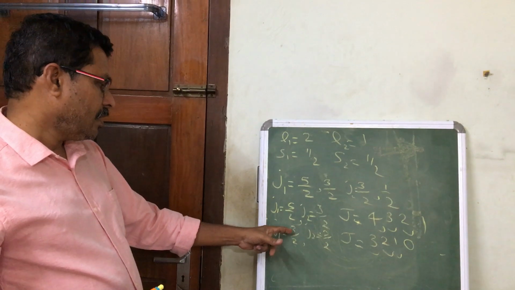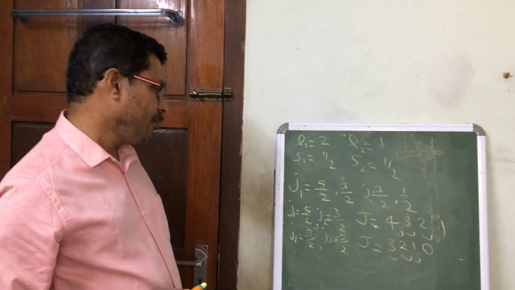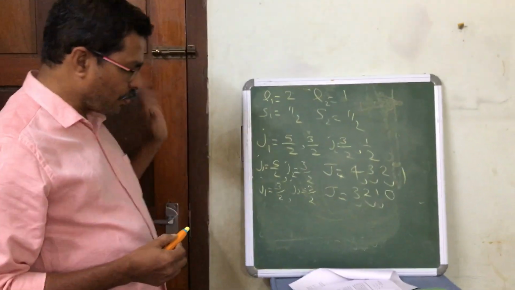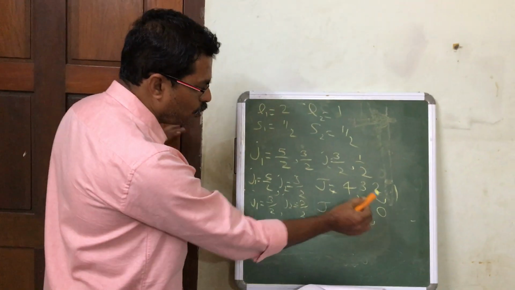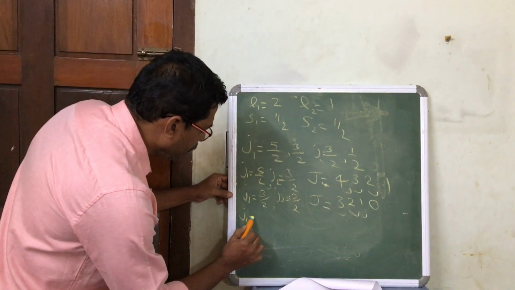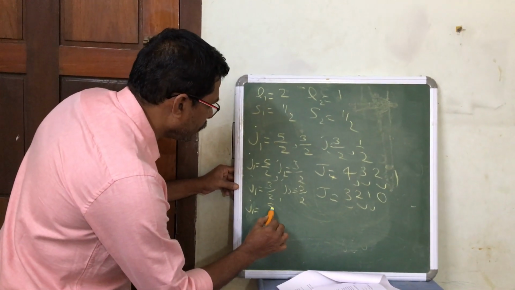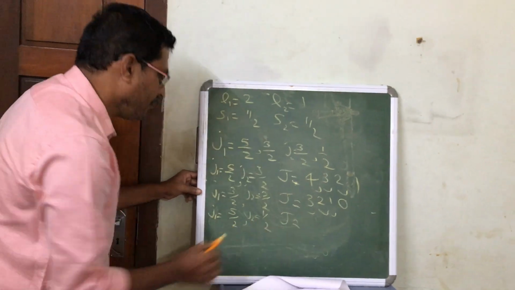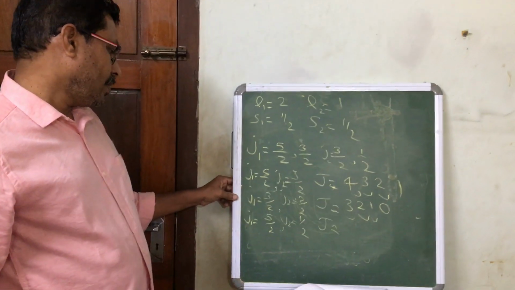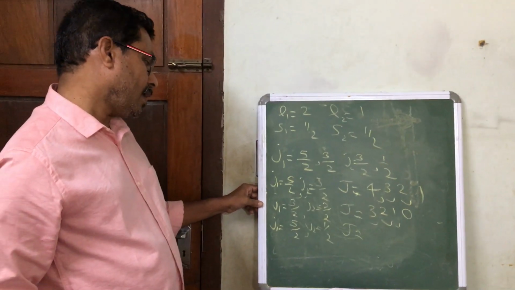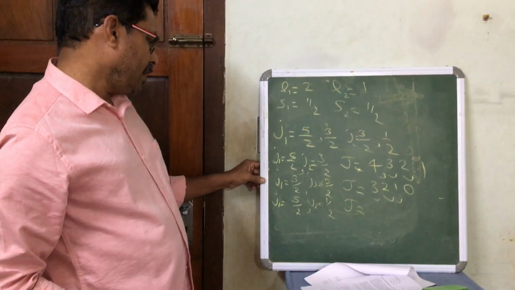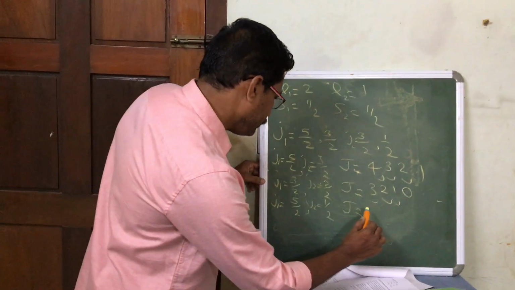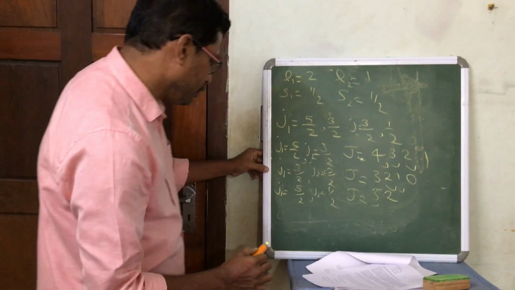That means 3 by 2 plus 3 by 2 gives 3, and 3 by 2 minus 3 by 2 gives 0, so the in-between values are 3, 2, 1 and 0. With J1 equals 5 by 2 and J2 equals 1 by 2, the maximum value is 5 by 2 plus half, that is 3, and 5 by 2 minus half is 2, so it is 3 and 2.